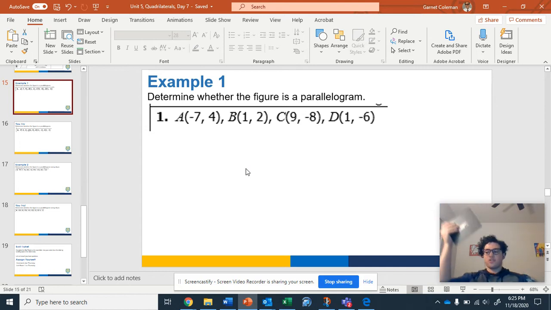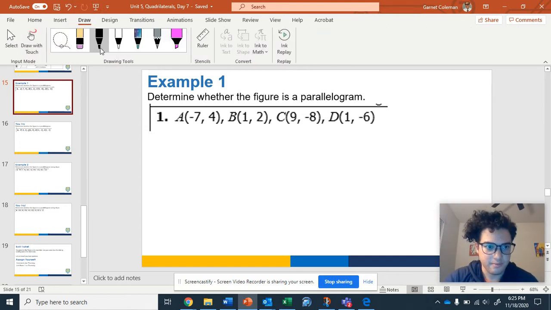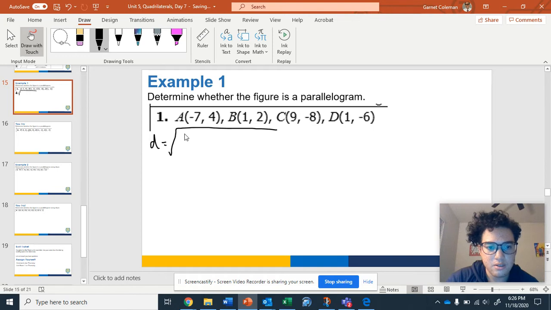So I'm just going to show you with AB and CD really fast. The distance formula is the square root of x2 minus x1 squared plus y2 minus y1 squared.